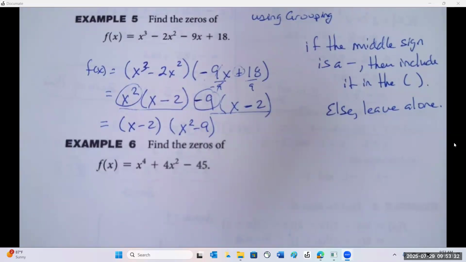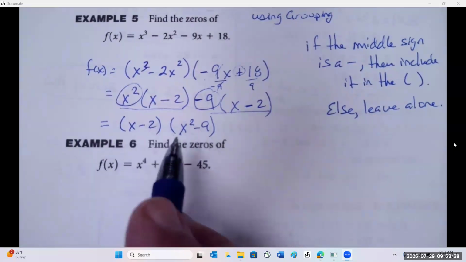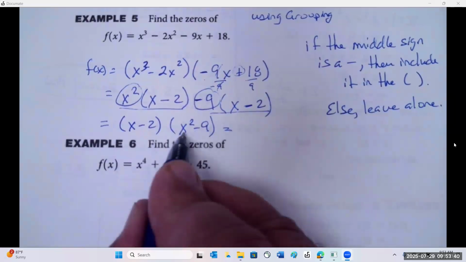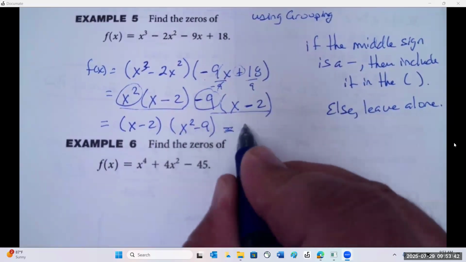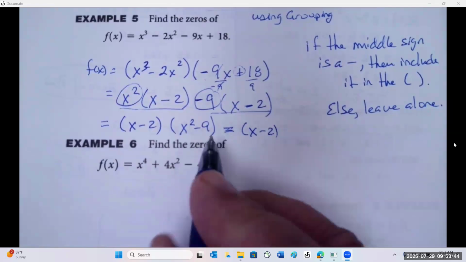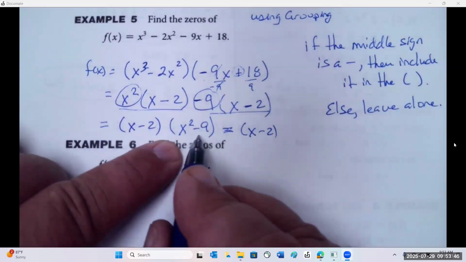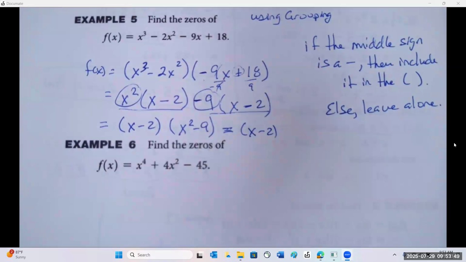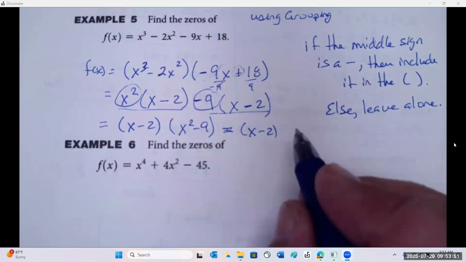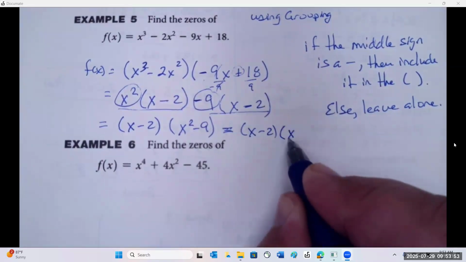How many answers are we supposed to have? 3. So far, we only have 2 zeros. Well, we can go further because this x squared minus 9 can be factored further. It's called the difference of 2 squares.